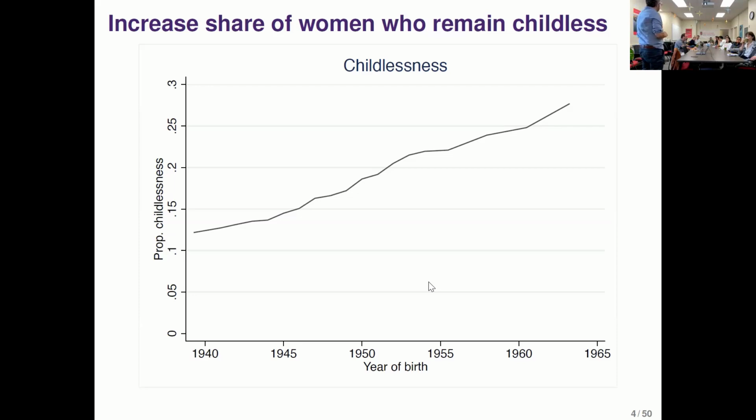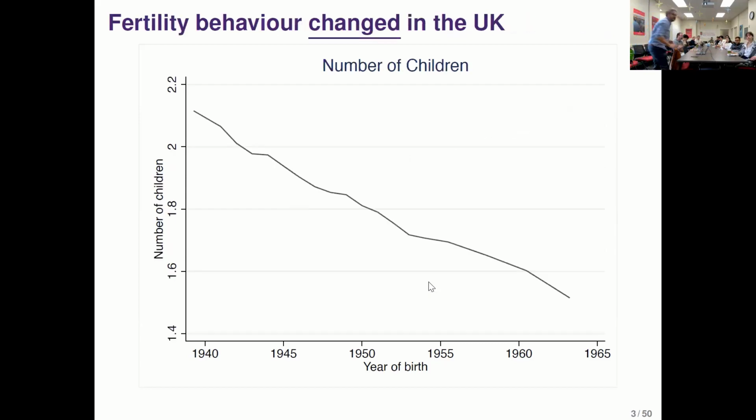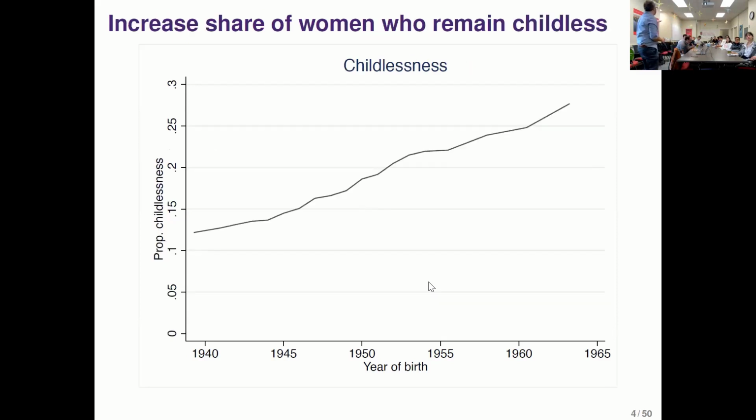Does this reflect women of all ages, or just over 45? Older than 45. It's a standard way to look at cohort fertility, and also the number of children, by the way. We restrict it, and that's why the line doesn't go up to 65. So these are women older than 45. And as a convention, 45 is the age limit for which you can look at cohort fertility.